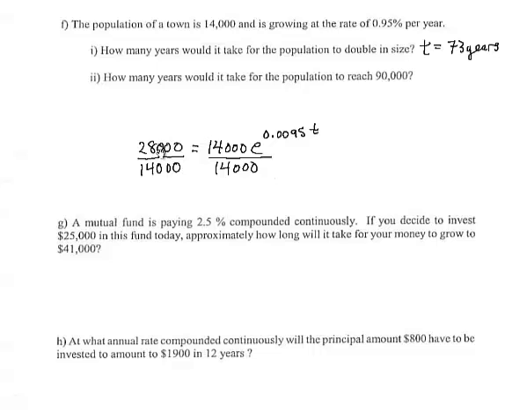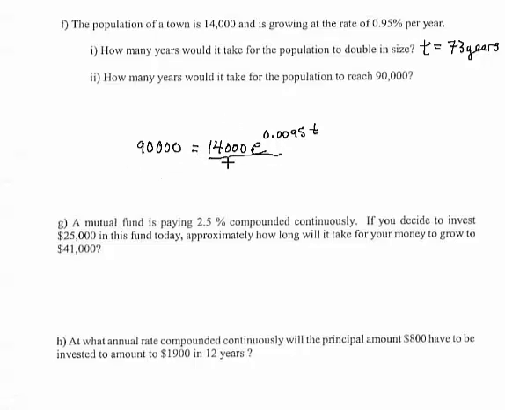And we're not doubling the population anymore. It's increasing to 90,000. So when we doubled it, we said that A at a later time was 28,000. So we need to replace this 28,000 with 90,000 and solve the equation all over again.